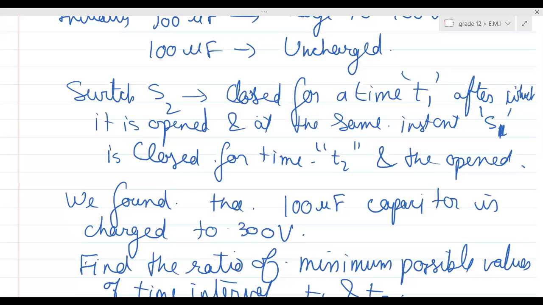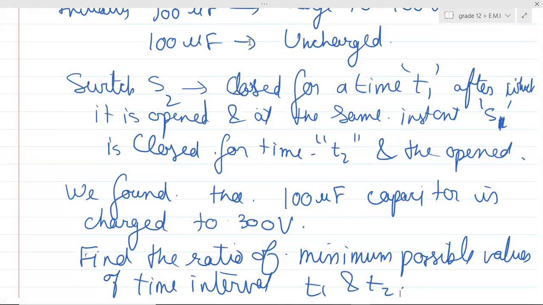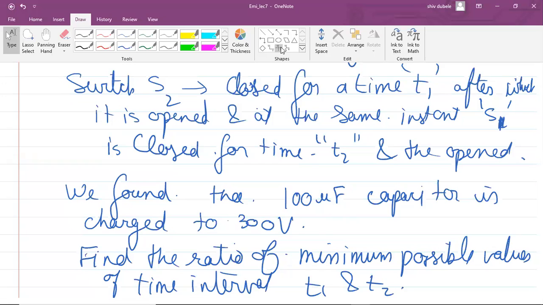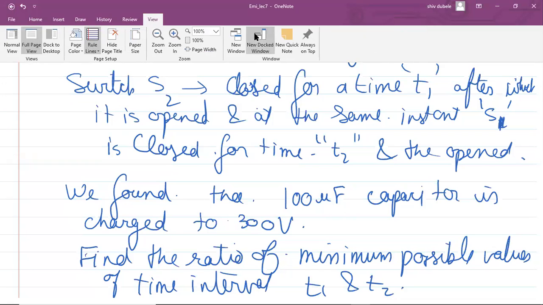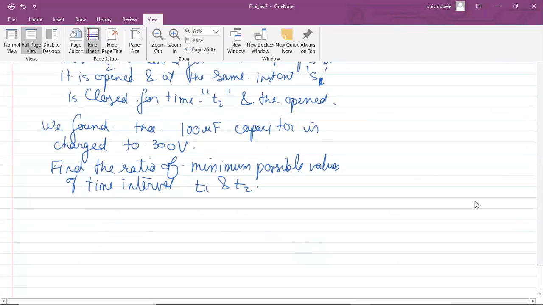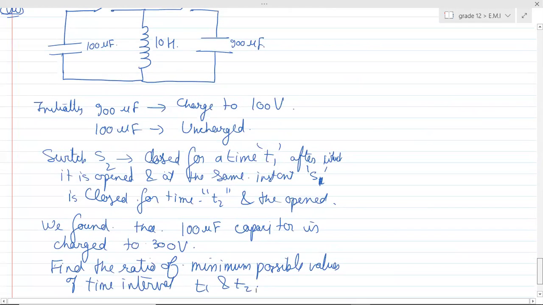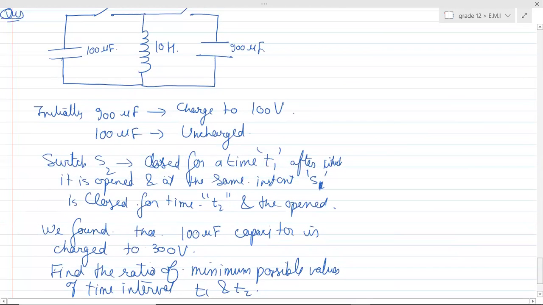Scroll it a little up for the diagram once again.